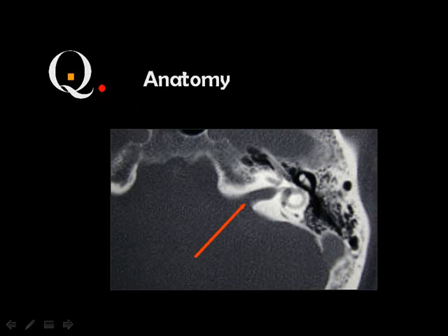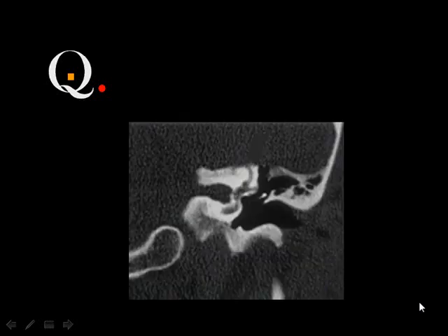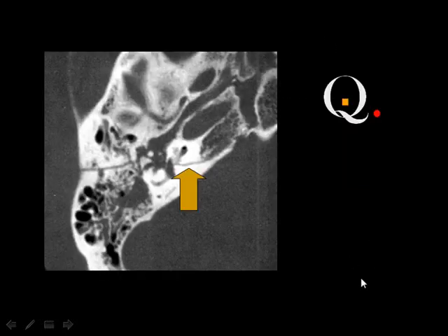Anatomy. What is this structure? Facial canal, and this is the vestibular aqueduct. Very good. And this is the posterior semicircular canal, and this the head of the malleus, and this the lateral semicircular canal. What do you think about this case? Yes, this is the superior semicircular canal dehiscence syndrome. Very good.